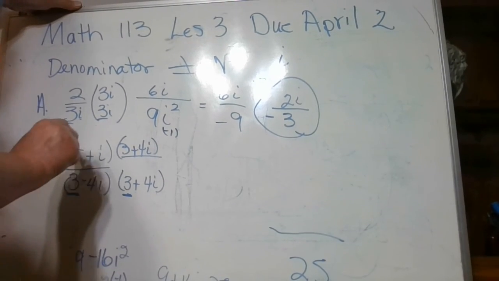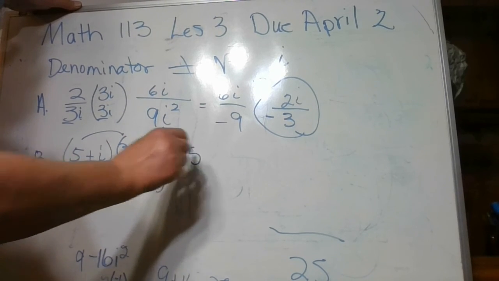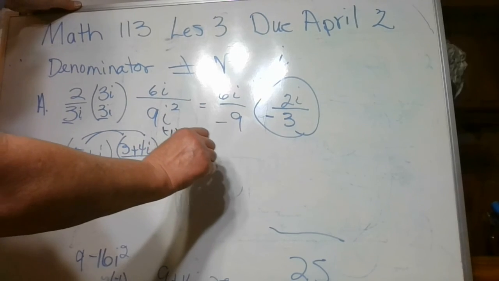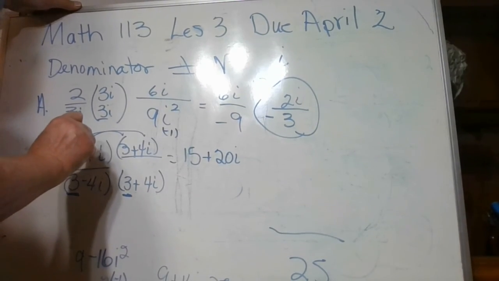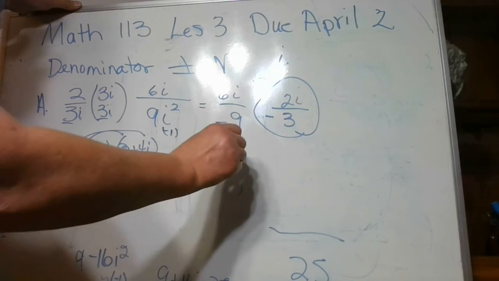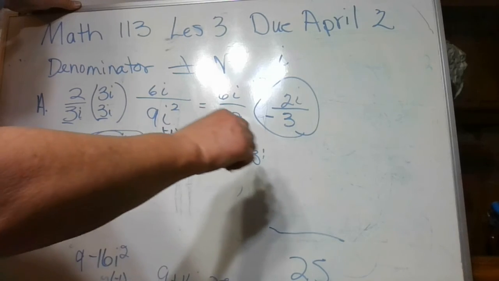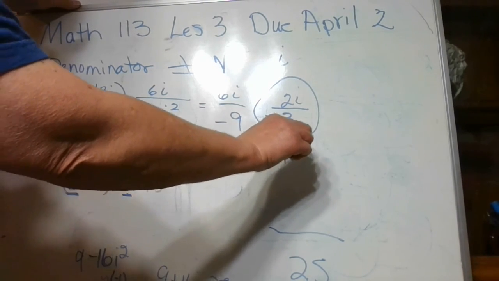Now let's FOIL those top two. 5 times 3 is 15. 5 times 4i is 20i. And i times 3 is 3i. And the last two is -4i squared.